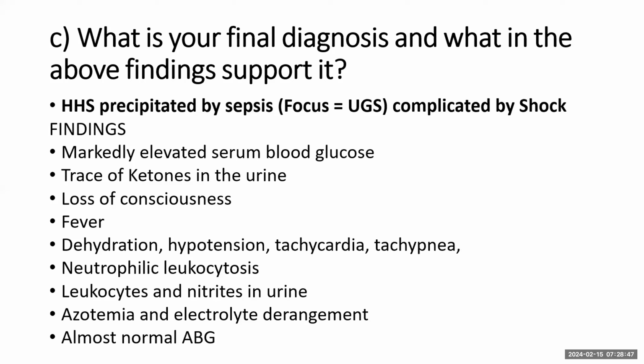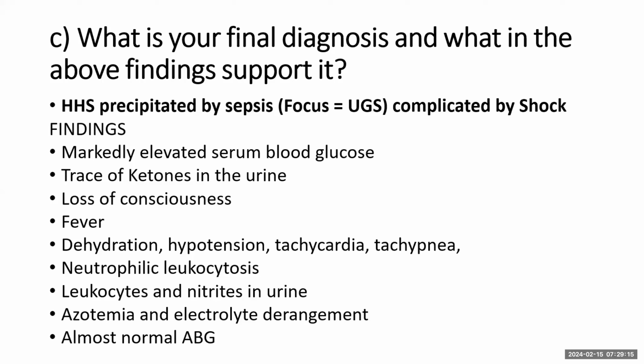The ketones might or might not be present. If they are, they're not that markedly elevated as compared to what we find in DKA, which is what this patient had, just a trace of ketones. There's a possibility of loss of consciousness also because of the change in osmolality that tends to affect mental status. Fever, he had dehydration with hypotension, tachycardia, and tachypnea.